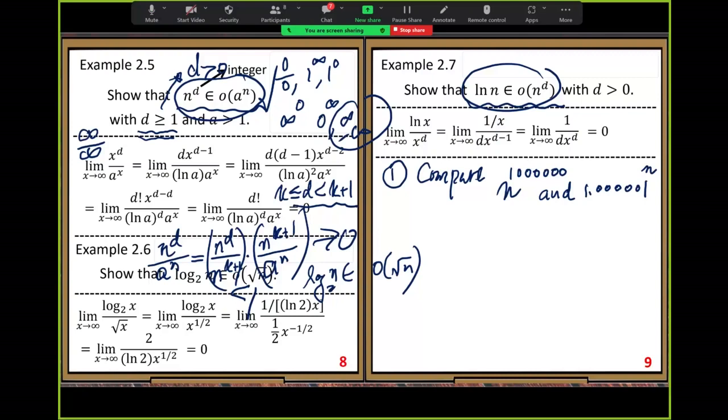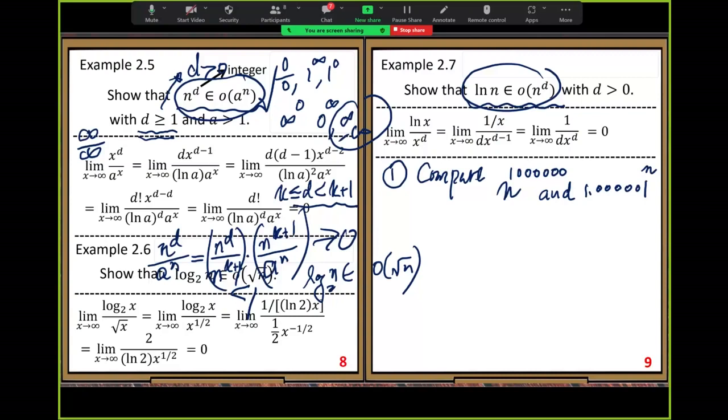Think about that. Which one is larger based on your intuition? Which one do you feel should be larger? Think about that. Because n raised to 1/millionth, it's so big.